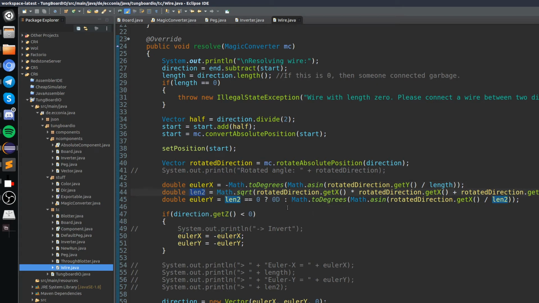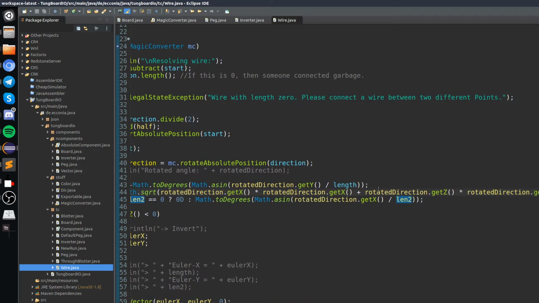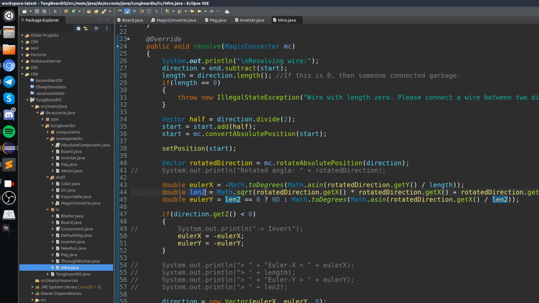Next thing I do is I say, okay, I got y, I can dump y. What I need now is x and z, and I get the length of that. This would be good with a graph, but I'm too lazy to make a photograph of my sketchbook and insert it into the video. So what I do here is I check if it's the length of 0. If it's 0, there is no rotation for reasons, whatever. Let's just ignore that case.